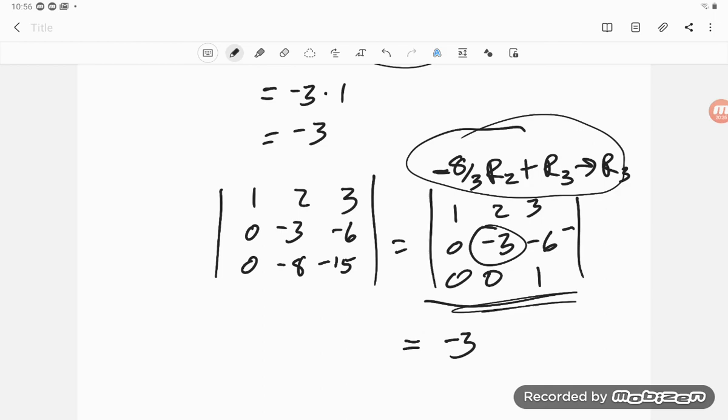They do change things to ones and so forth and pull out multiples of rows, but you wouldn't actually have to if you didn't want to. And they also do a row interchange. Okay, so we'll call that good for this one.